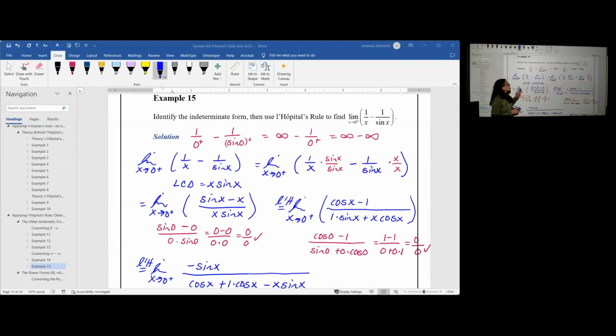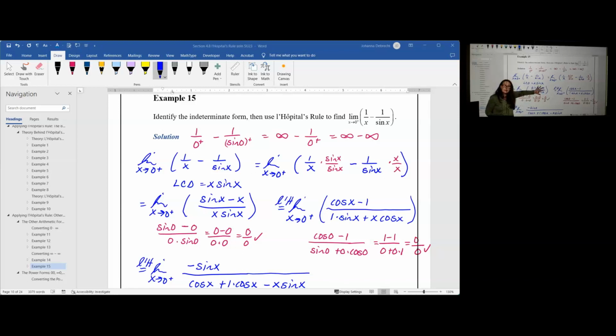To solve example 15, I found the lowest common denominator, which was the product of the two denominators, x sine x. Then I multiplied each term by a form of 1 in the factor that it was missing from the lowest common denominator. Then I combined it into one fraction over the common denominator with the numerator sine x minus x.